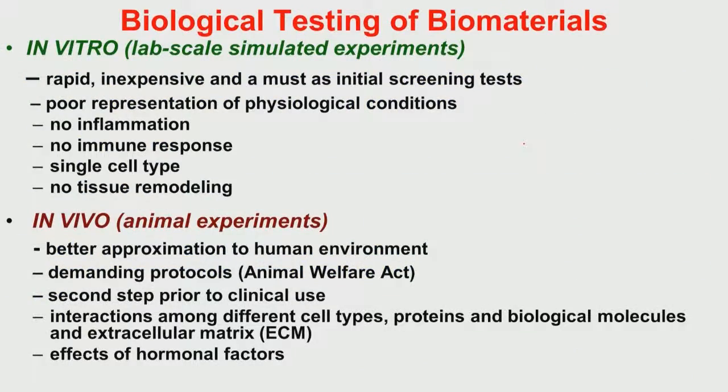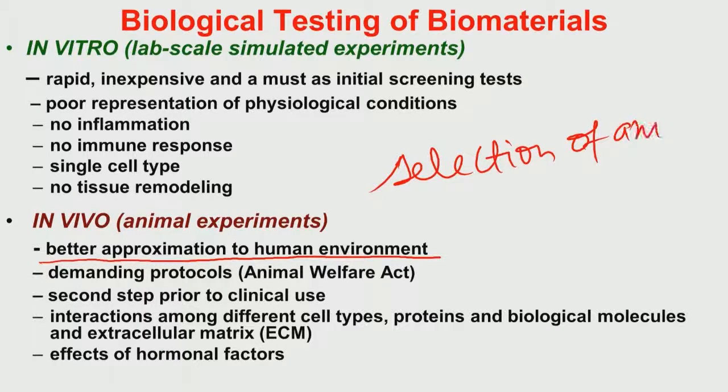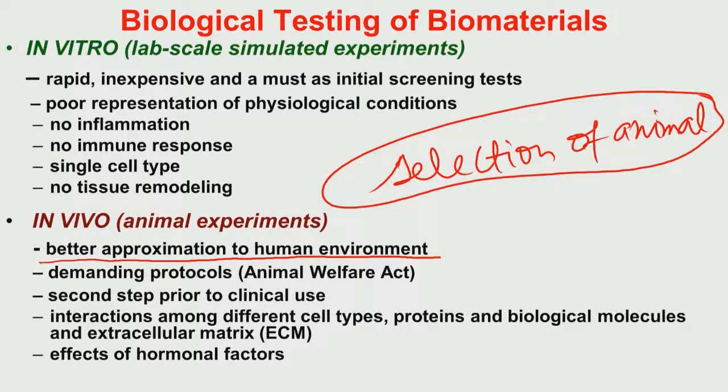Okay. So, I hope I have explained in a little more detail how you can choose the animal model. Selection of the animal model is very important, and there one has to find out the typical bone structure of that animal, and how close its bone structure, composition or microstructure is to that of natural human bone. The second one is the demanding protocol.